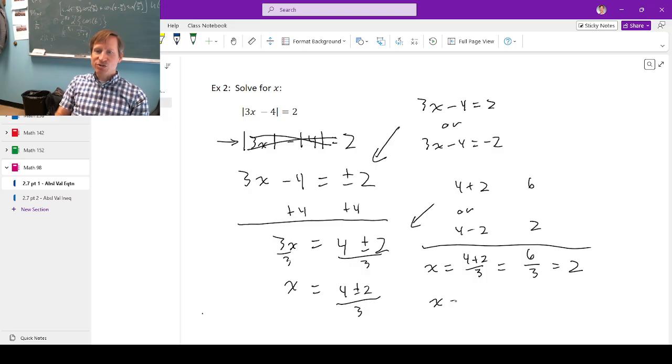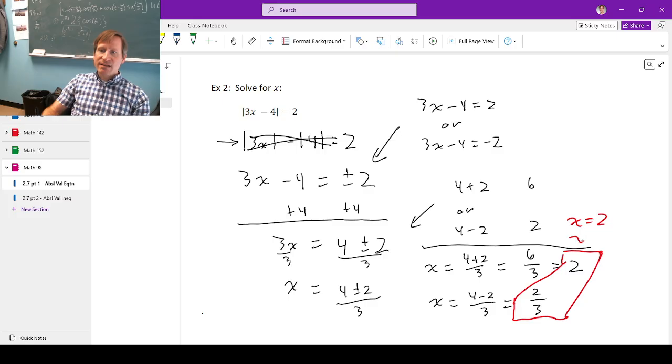The second solution is x equals 4 minus 2 over 3. 4 minus 2 is 2, and 2 over 3 is 2/3. So the two solutions that we found to this equation are x equals 2 and x equals 2/3.